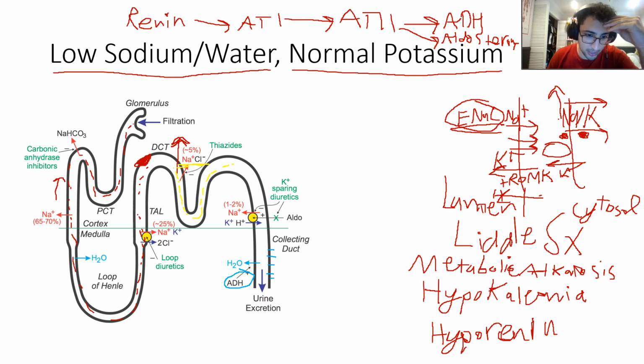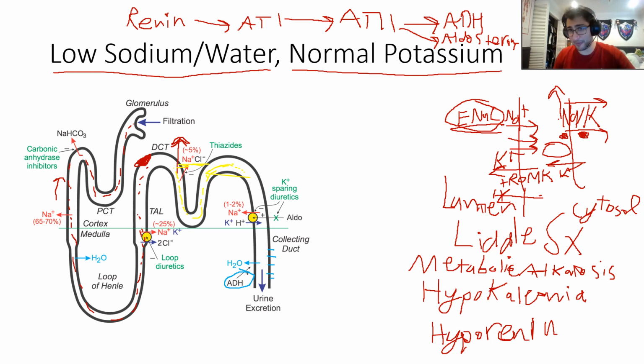So going back to our discussion of the fluid, now that we've explained what's going on here, let's think about what's happened. In states of low salt, the fluid and the salt have been reabsorbed effectively for the most part in the proximal convoluted tubule and the descending limb of the loop of Henle. Salt is absorbed in the proximal tubule with fluid. The descending loop of Henle is going to absorb fluid.